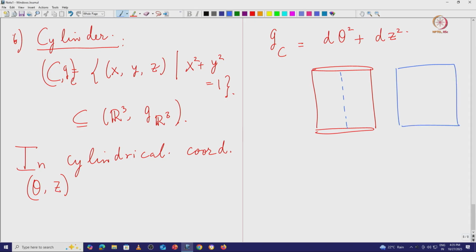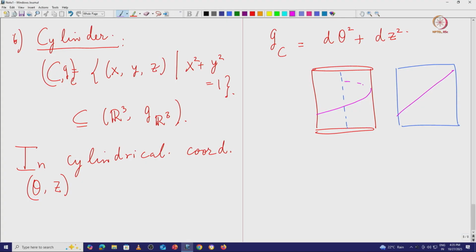So it is natural that you take a straight line path after you unroll this cylinder, and then when you close up the cylinder again, this straight line path is basically going to give you a helix. Okay. So geodesics on cylinders are helices.